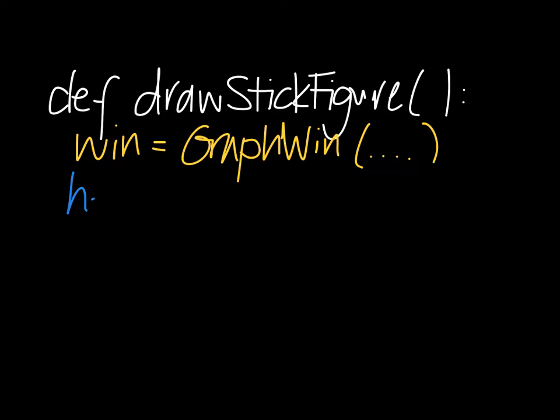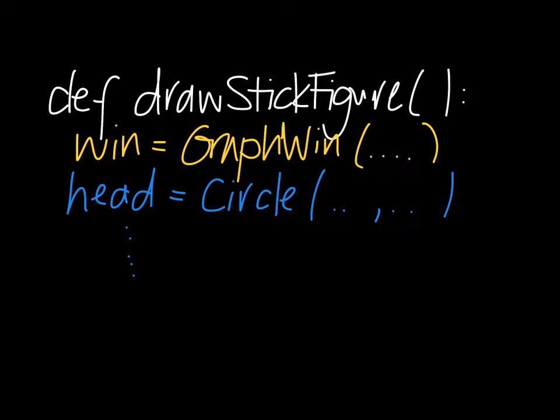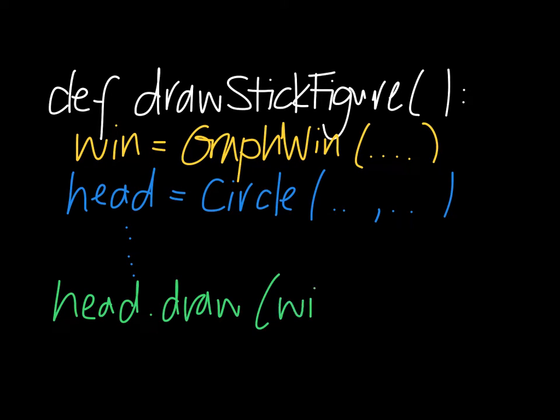Then you would create a head, and the head is a circle, and you built that by creating a circle and passing the circle some point and then a radius value, and so on. Once you built all your parts, your legs, your arms, and so on, you would then draw the object. So you would have code like this. You would draw it, and we use the window we created up here.